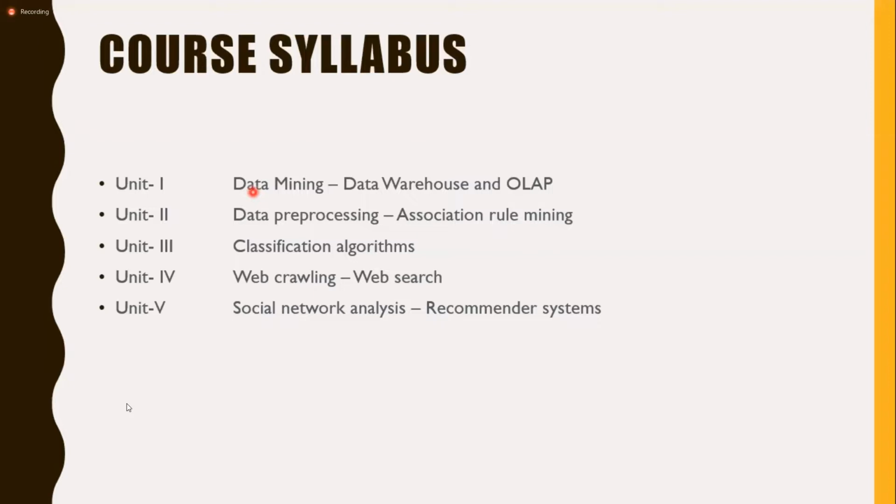And also recommender systems. Recommender systems are widely used on the web for recommending products and services to the users. Most e-commerce websites have these recommender systems. Whenever we purchase certain products on an online site, they will recommend certain products when you visit the next time.